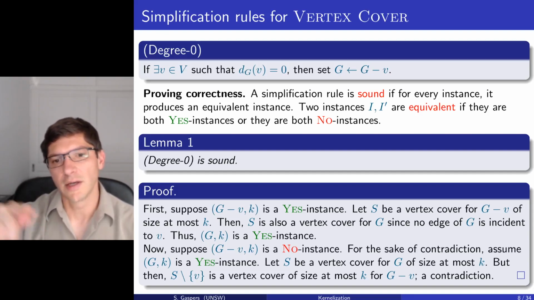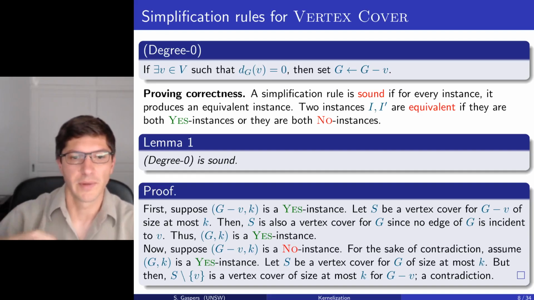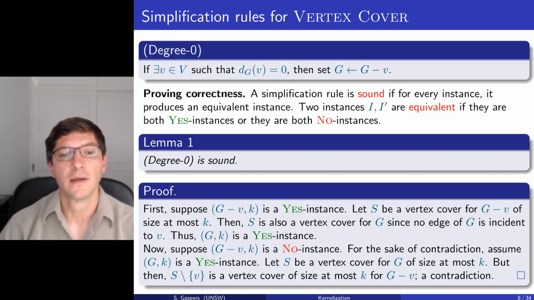So let's prove that if the output is a no instance, then the input is a no instance. And this covers then all the cases. Okay, so for the sake of contradiction, if the output is a no instance, assume that the input is a yes instance.